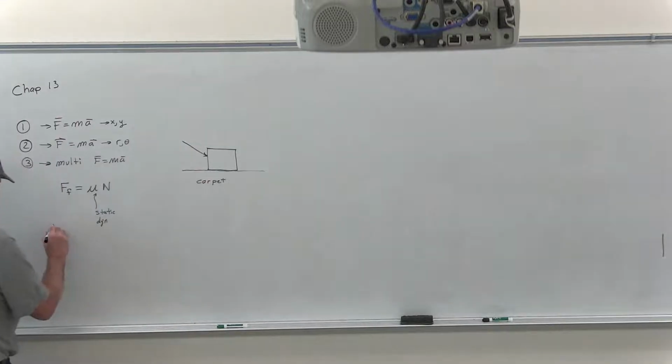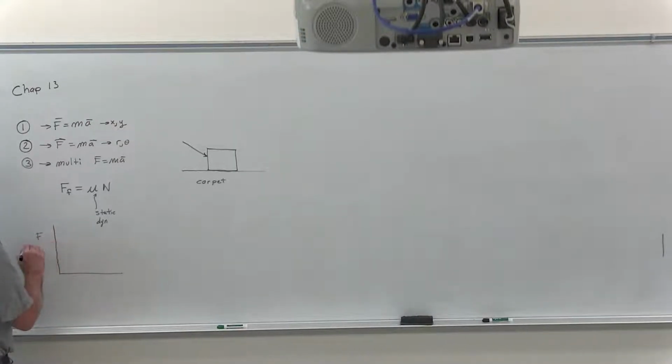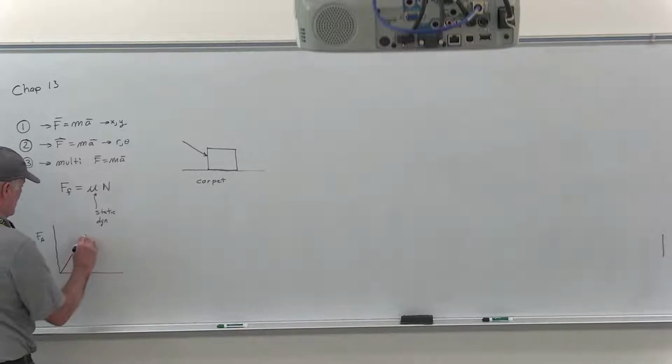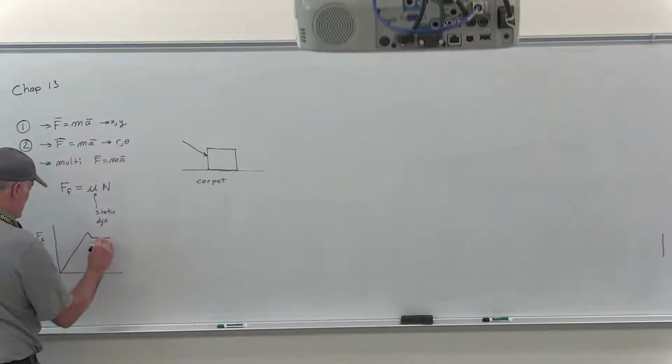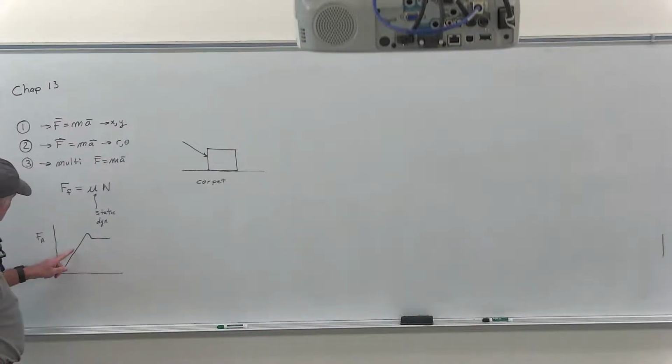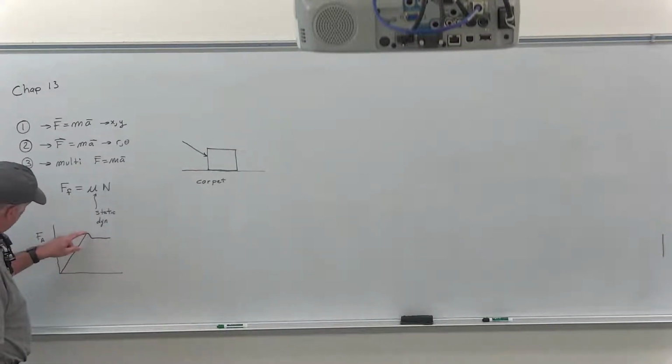So if you look at it, what you might do, force, I'll just say force applied. So you might be applying force, and then all of a sudden it breaks free, and it does kind of like that. So you're pushing, nothing's happening. Then bang, it starts happening.